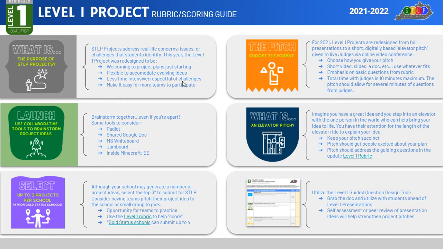It doesn't matter the number of children you have working on the project. But you can enter up to 3, or if you're a gold school, in 2019-2020, you can have 4 projects.